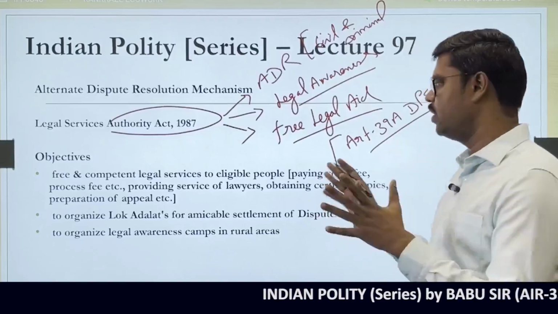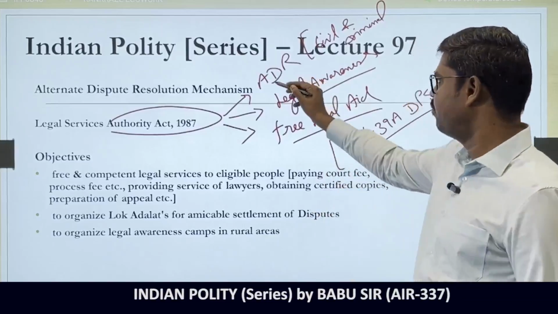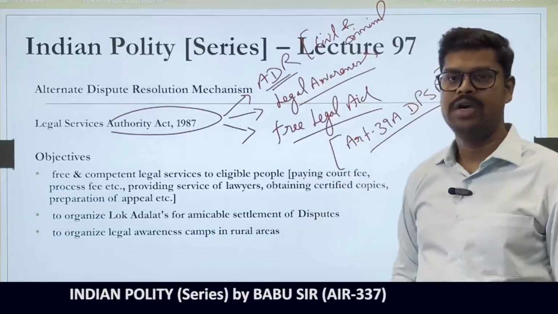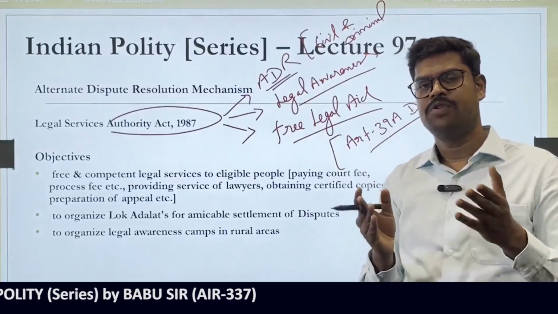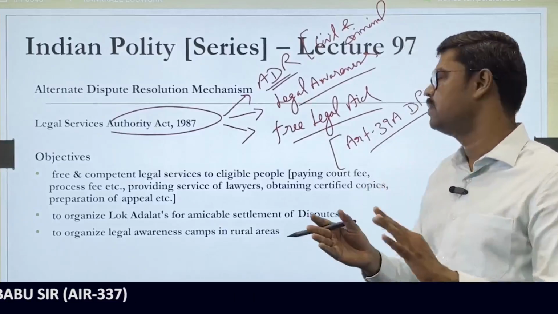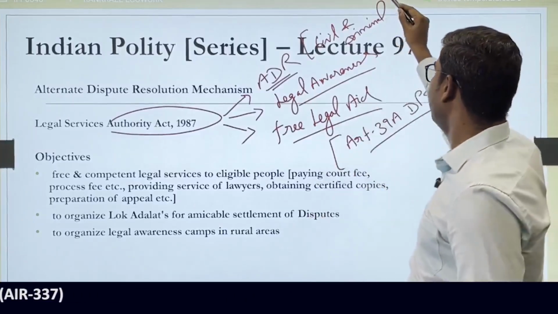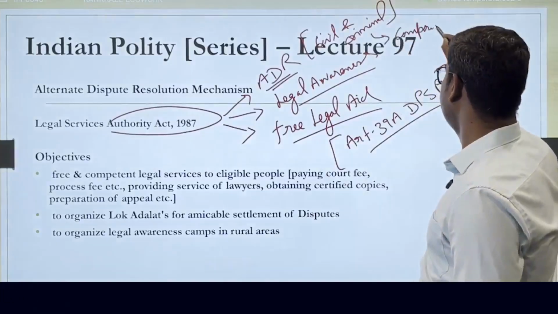How are all these things to be achieved? First, I said they wanted to provide an ADR, alternate dispute resolution mechanism. This mechanism is available both in civil as well as criminal cases, provided these offences are compoundable in nature. What do you mean by a compoundable offence?